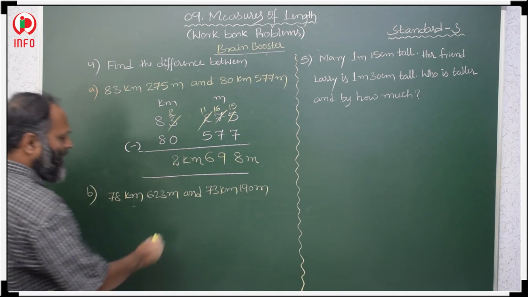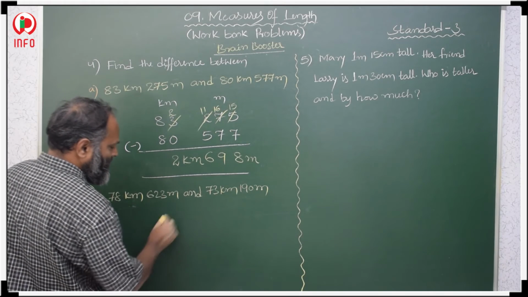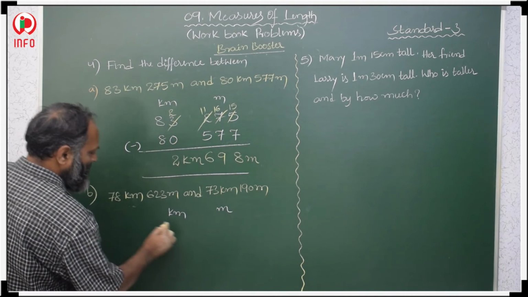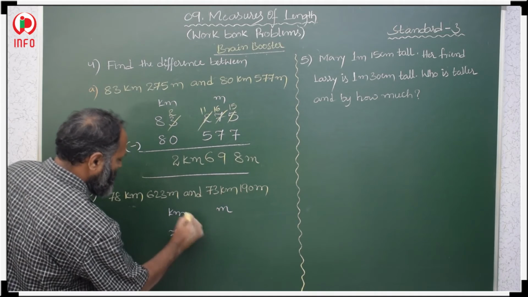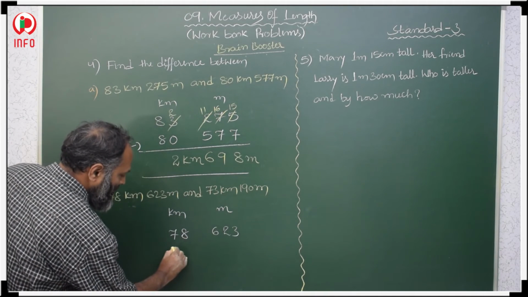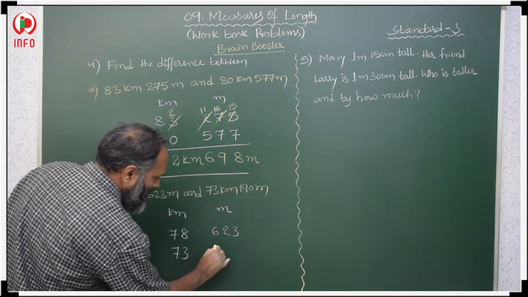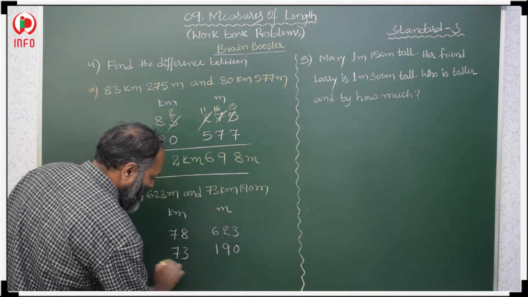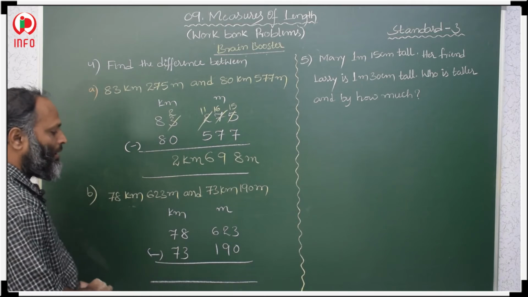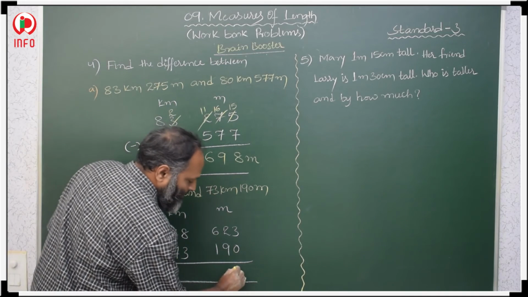Now, kilometers and meters again. 78 kilometers 623 meters. Now, 73 kilometers 190 meters. Now difference. 3 minus 0 is 3.